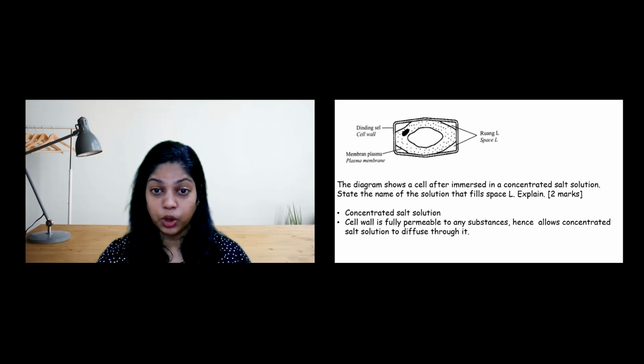Consequently, the vacuole shrinks, causing the plasma membrane to be pulled away from the cell wall. This creates an empty space between the plasma membrane and the cell wall because the cell wall doesn't restrict any substances. The concentrated salt solution from outside enters the cell and fills the space.